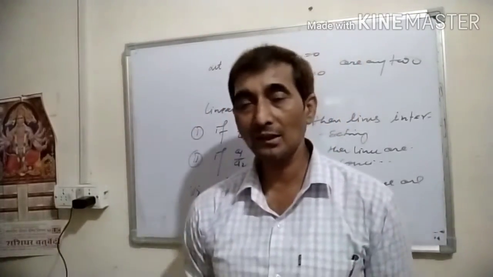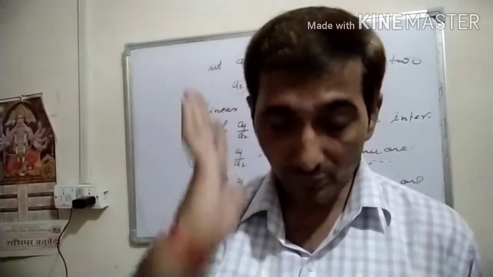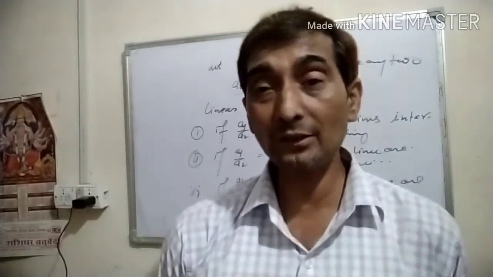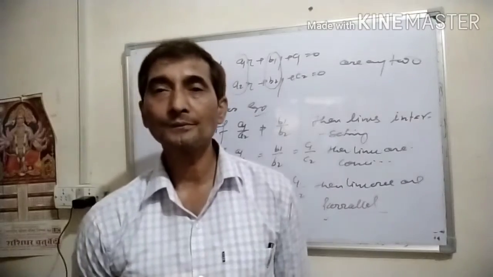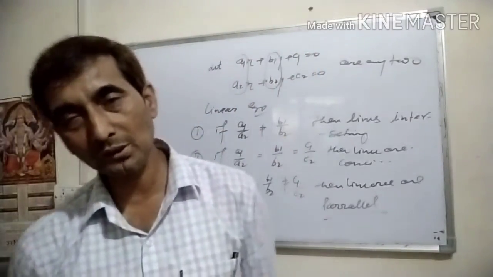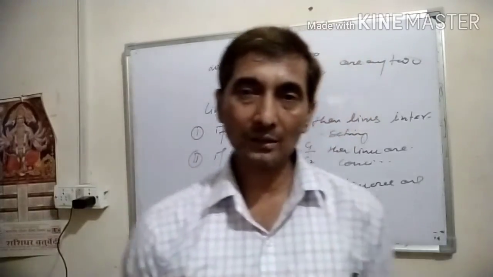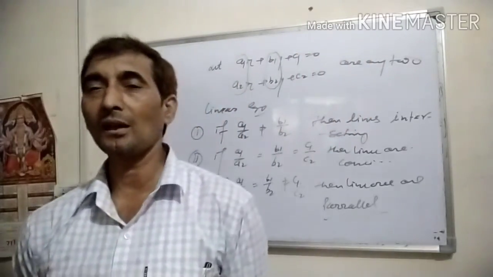If lines are parallel, then no solution. So similarly, by this process, without sketching, you are able to know whether the given equations have a unique solution, infinite solutions, or no solution.